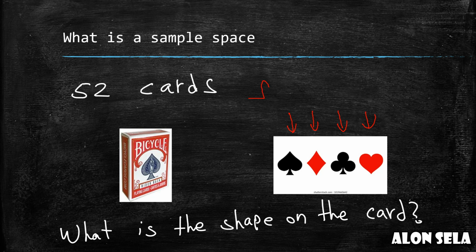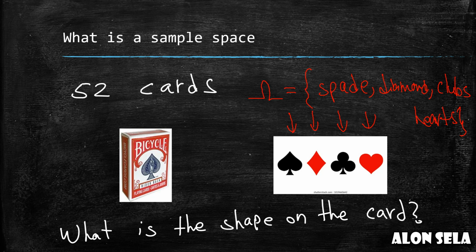Therefore, the sample space will be the set of spade, diamond, clubs, and hearts. So in this case the possibilities are 4, and the sample space is the set of these 4 outcomes.